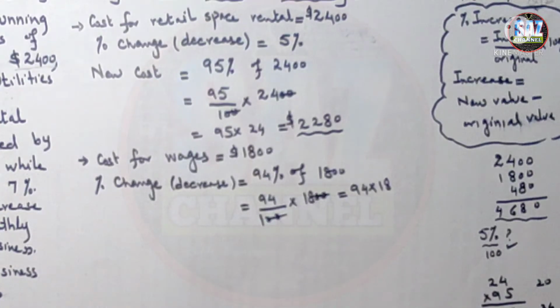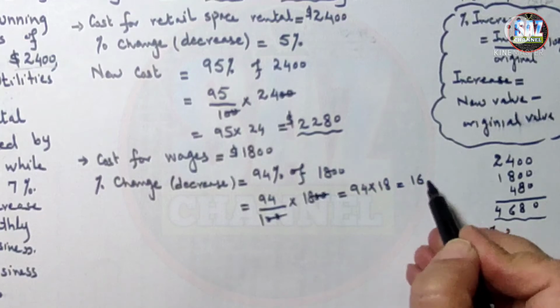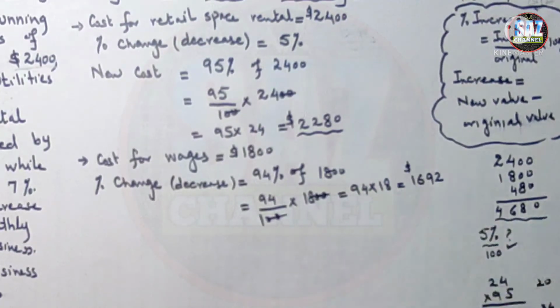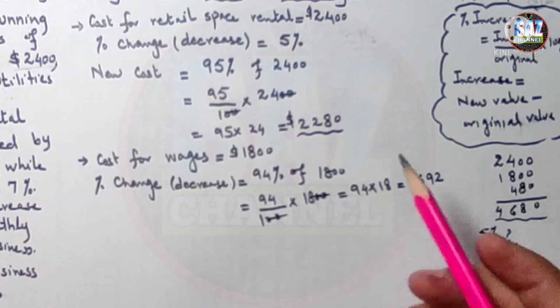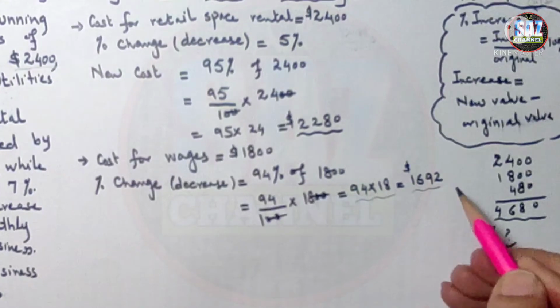Okay, 94 multiplied by 18 gives me 1692. Now this is your task, students: multiply 94 by 18 on your own in your working space, and I will be checking this calculation.